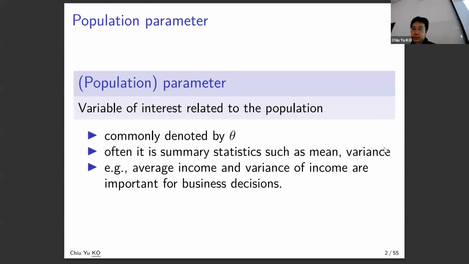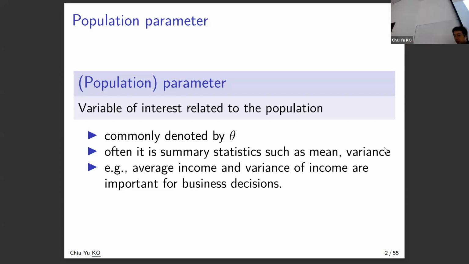But first, let me recall the definition we said, right? Just to make sure that you understand, we have the population parameter. Okay, population, you can imagine, consists of many people. They have say income or age or many numbers, right?